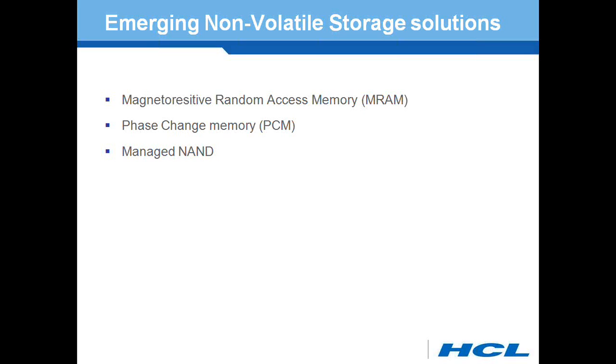Read latency is in terms of nanoseconds, whereas, as we saw in the comparison table, NAND flash has around 15 to 50 microseconds, but for PCM the read latency is around 50 to 100 microseconds. So this is also one of the non-volatile memories.